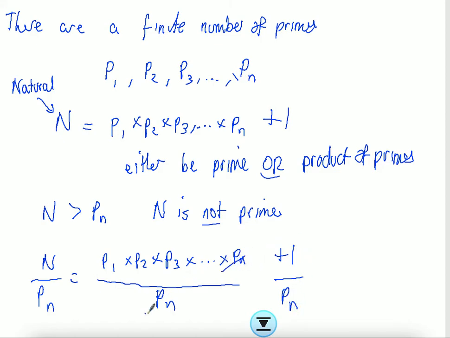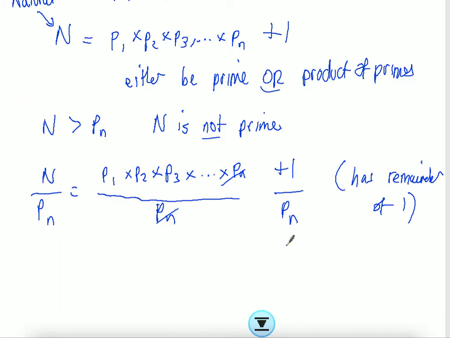Well, those cancel, so it's going to leave me with a product of primes plus a remainder of 1. You may think that's a big deal, right? But if it has a remainder of 1, then it means it cannot be written as a product of prime numbers. So n is not a product of primes.